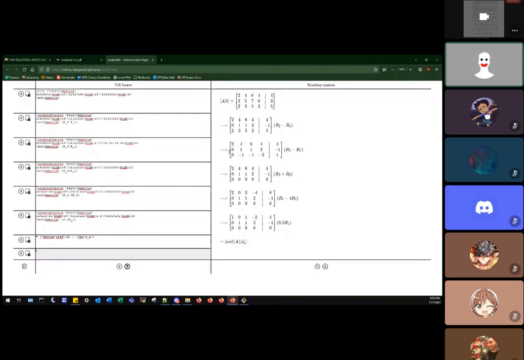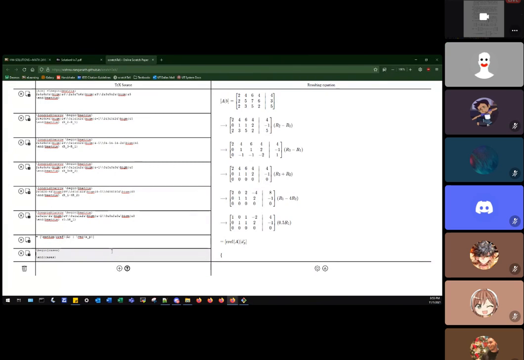And to do that, you need to find the column space. To find the column space, you need to set this equal to 0. This times something equal to 0. And that would give you a system, yeah, a vector.